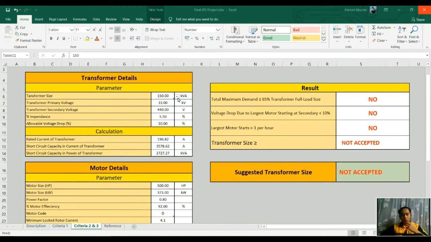Assalamualaikum warahmatullahi wabarakatuh. My name is Ahmad Muslim bin Ibrahim. So I will explain about the result of this project. So this is the available transformer rating in the market that consists of 150 kVA until 2500 kVA. So for the first criteria, the transformer full load size recommended should be 65% more or equal to the total maximum demand.